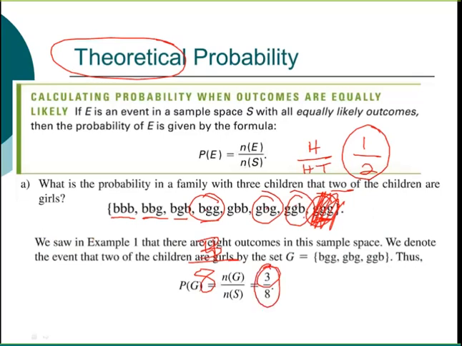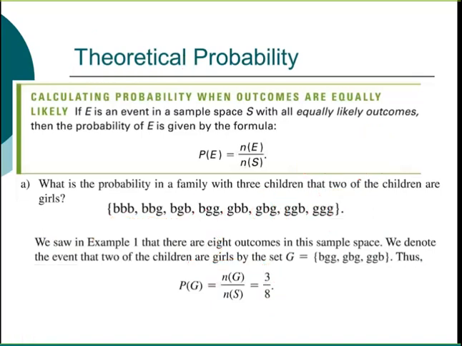So it's 3 out of 8 different ways that we can do that. This is why I give myself notes, because I overthink something. This last guy right here has 3 girls, and it specified that 2 of the children are girls. It didn't say 2 or more. I apologize for what I said earlier. Anyway, 3 out of 8 is what we're looking at here.